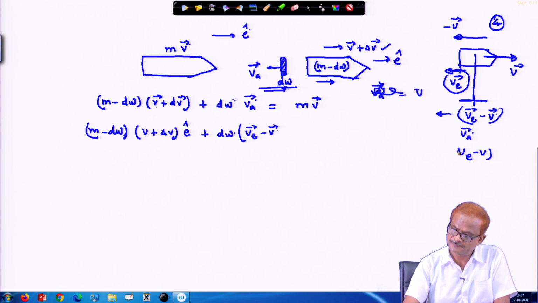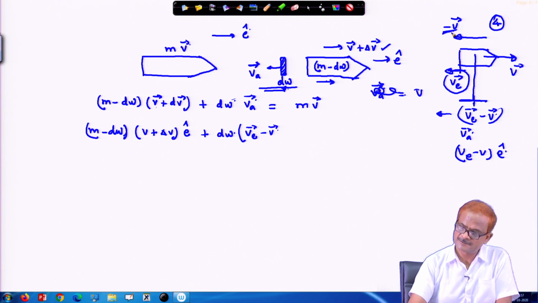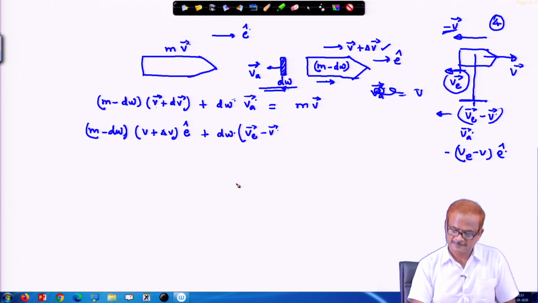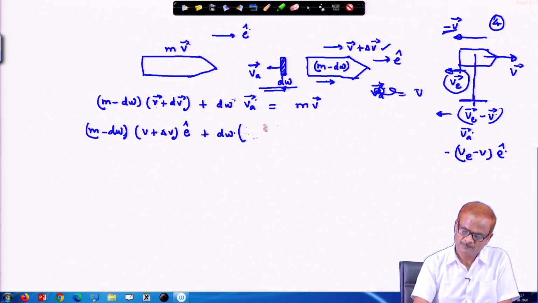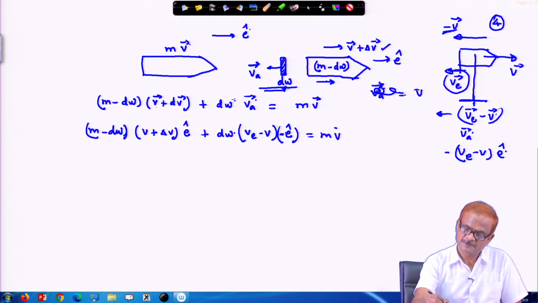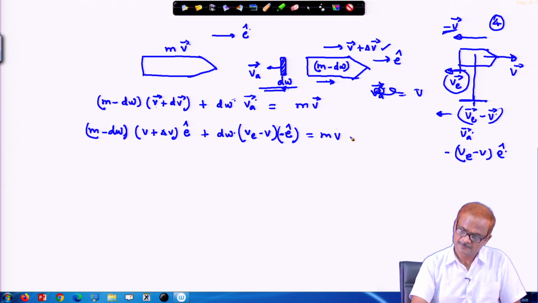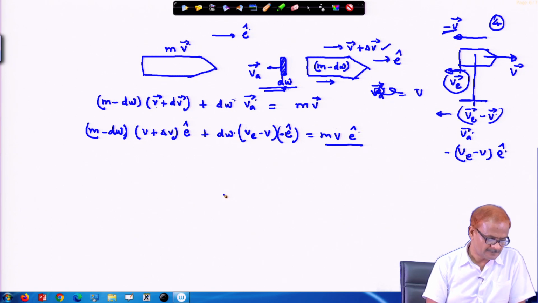So, this is v minus v times e cap, minus v is here in this direction. So, we can write it this way with a minus sign. Okay. So, v minus v times e cap with a minus sign times m v times e cap. So, this is the initial velocity.